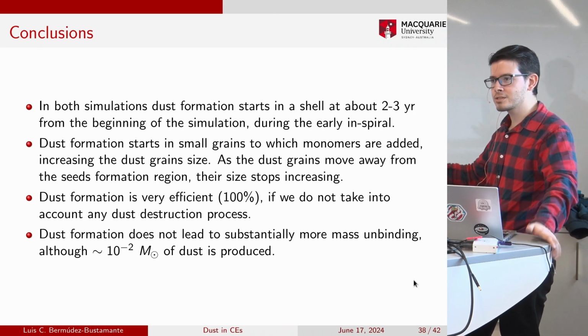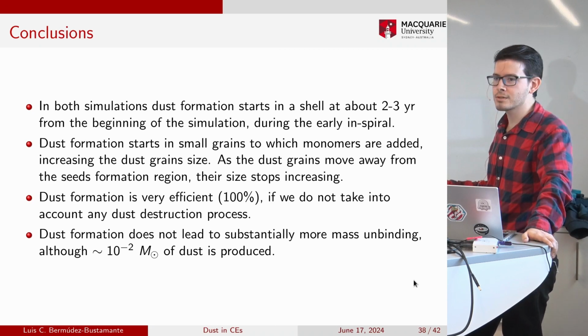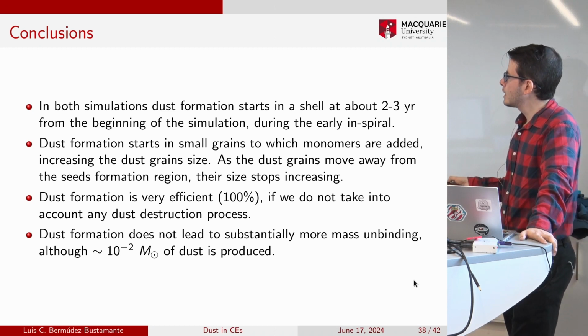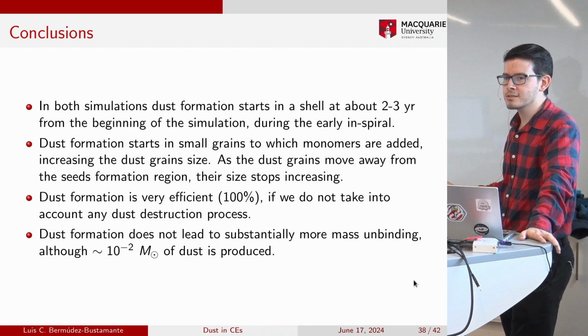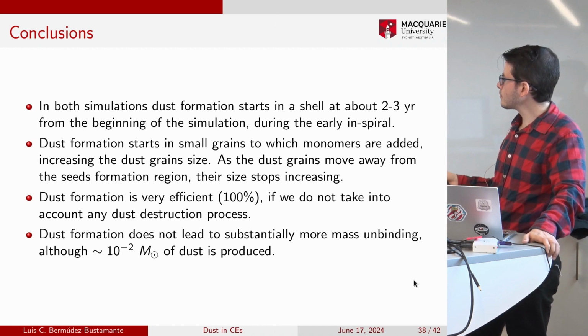And at a certain point, when the density is low enough, the growth stops. There is no more aggregation. If we do not take into account the destruction process, the dust formation is 100% efficient. So that is an upper limit.